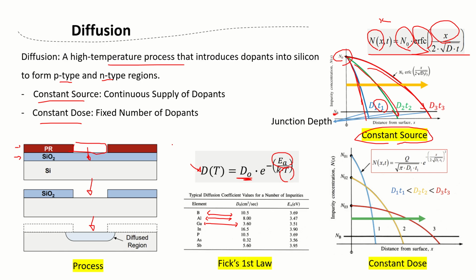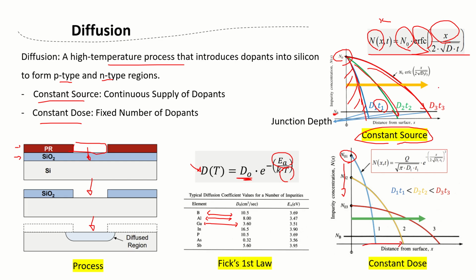For constant dose, it's a fixed number of dopants, which means the dopant at the surface will start decreasing as you increase the time. And as we can see in the constant source, the total dose, which is the area under the profile, will keep increasing because you have a constant source.